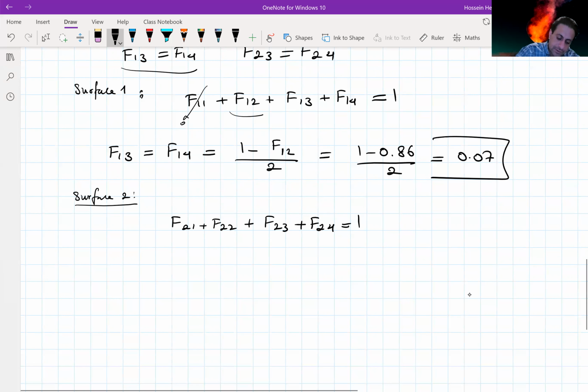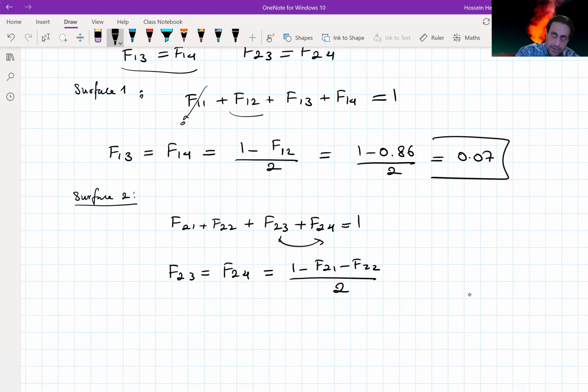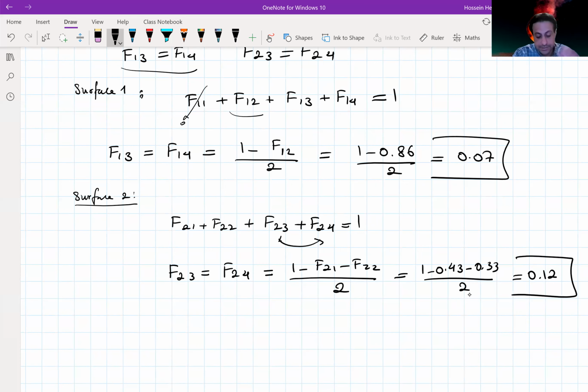And we know these two are equal to each other. So F23 equals F24, which is 1 minus F21 minus F22, divided by 2. So it's 1 minus 0.43 minus 0.33 divided by 2, which is 0.12. So that's the view factor between surface 2 and surfaces 3 and 4.